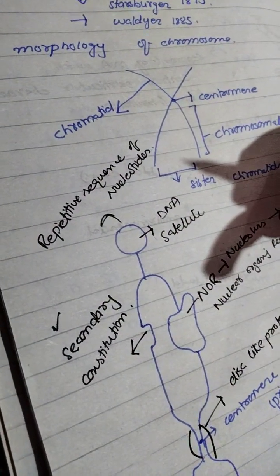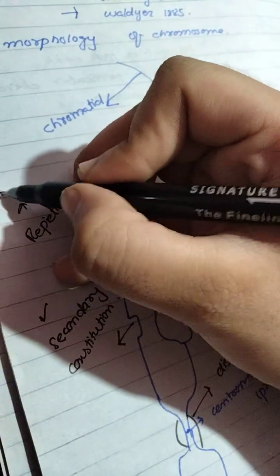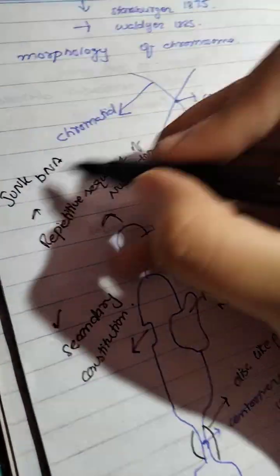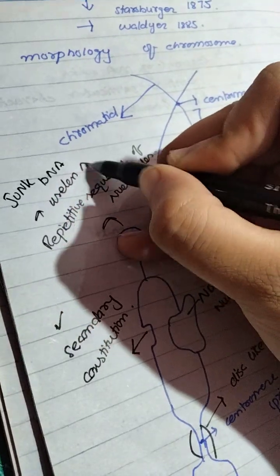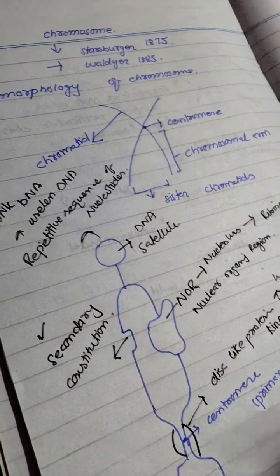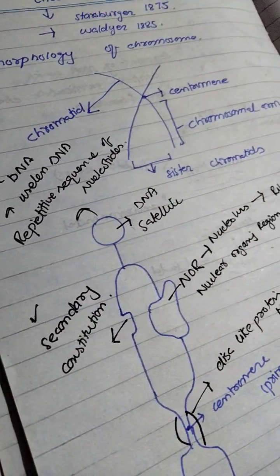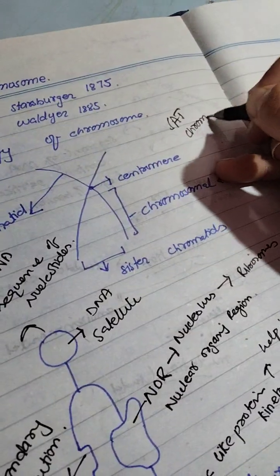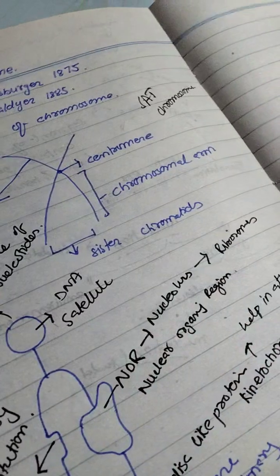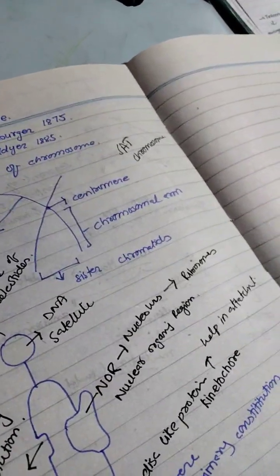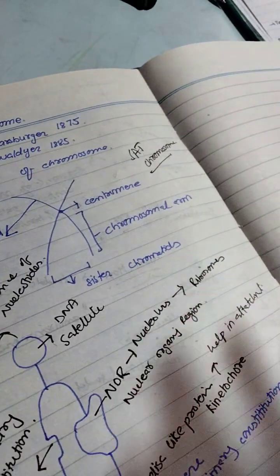So basically that's why it is known as junk DNA, or useless DNA. And a chromosome which contains this satellite DNA, this useless DNA, is known as SAT chromosome.